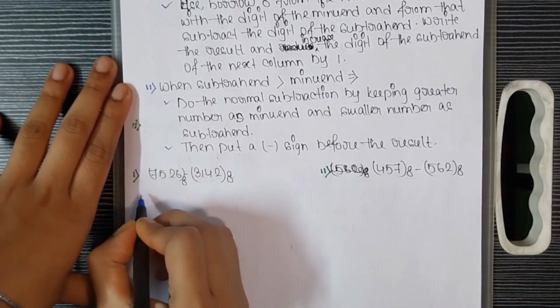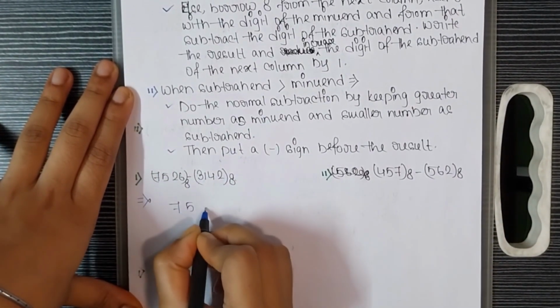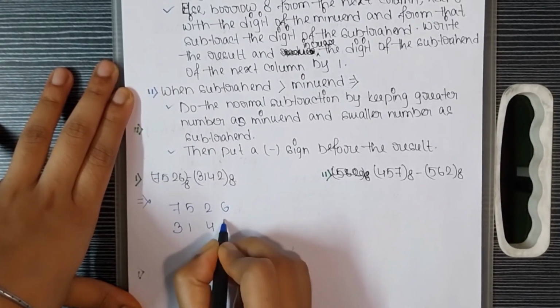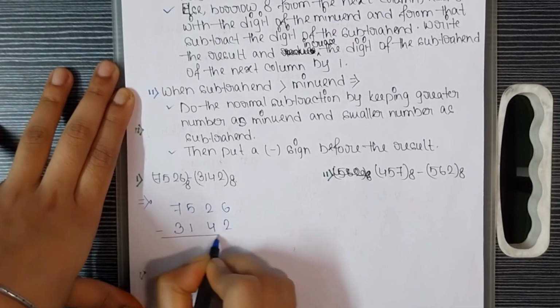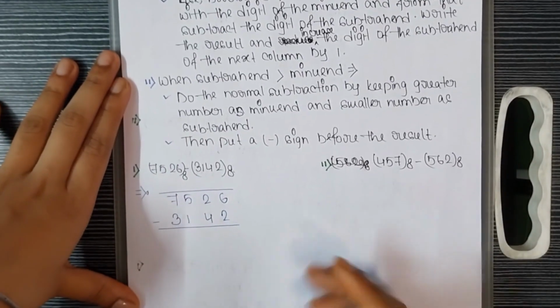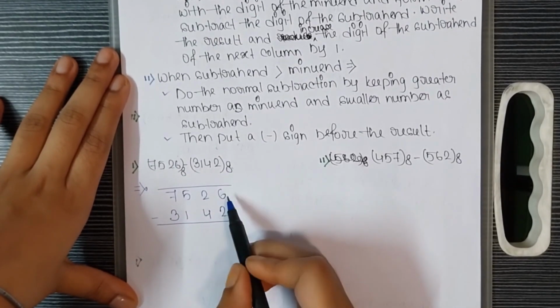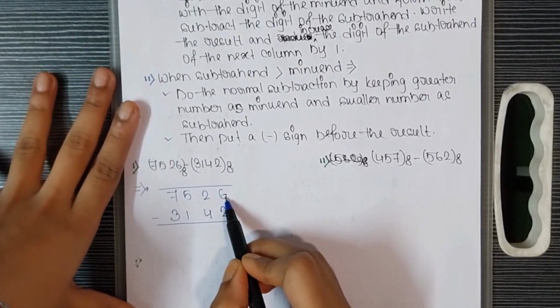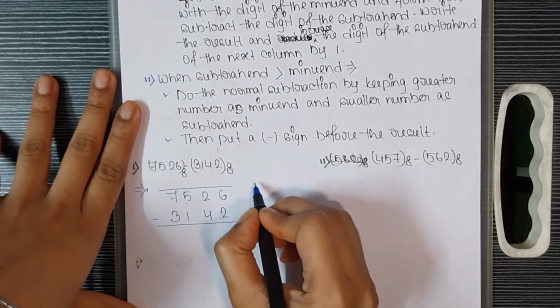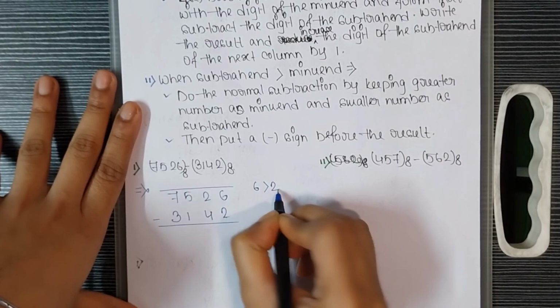So here is the first example. First I will write the digits of the numbers: 3, 1, 4, 2. So this is the subtrahend and this is the minuend. The first column is 6 minus 2. So 6 is greater than 2.